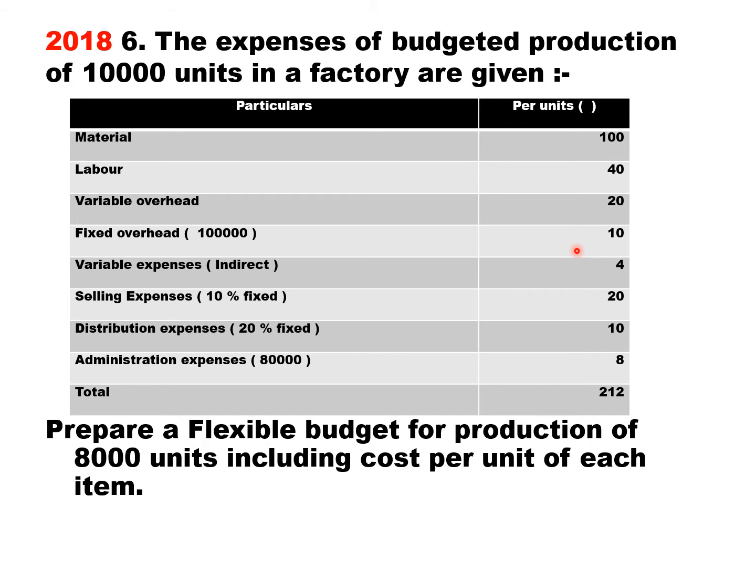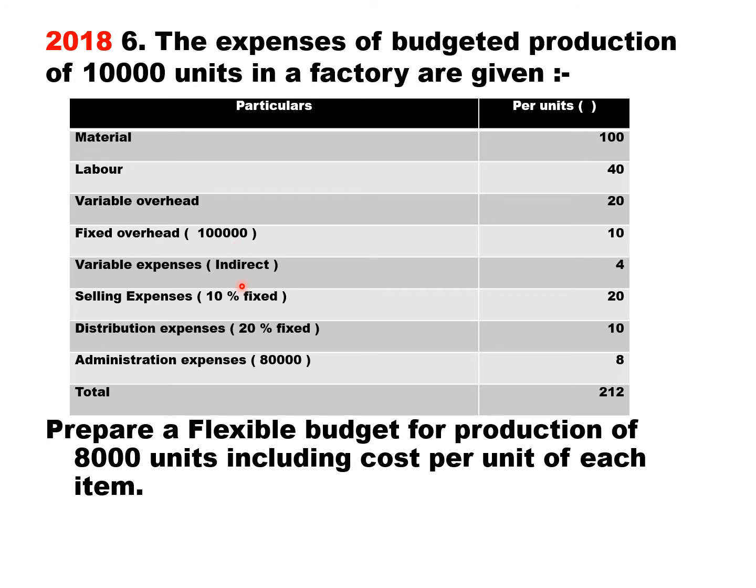So fixed cost we should look into total, variable cost we should look into per unit. So here the fixed cost is 10 rupee per unit. So 10 rupee into 10,000 units, you get 1 lakh rupees. So fixed overhead is 1 lakh rupees given in the question.